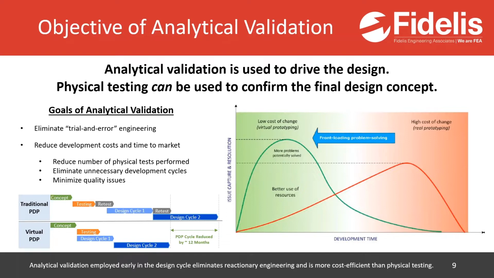It eliminates trial and error engineering, and it reduces, again, development costs and time to market. We can reduce number of physical tests or maybe eradicate them altogether. We can eliminate unnecessary development cycles, so going round in circles where we're not really sure what's going on. And we can minimize quality issues that sometimes occur at the very end of the product development cycle once we think we've finished.